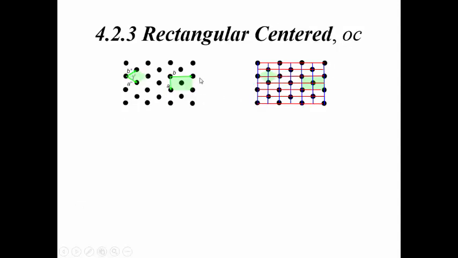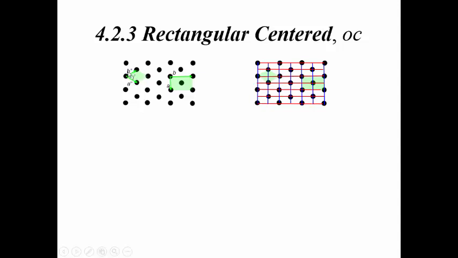The other rectangular lattice is centered, and you can measure the a and the b of the centered lattice, or we could consider a rhombus, which has a double prime, b double prime, and gamma prime.